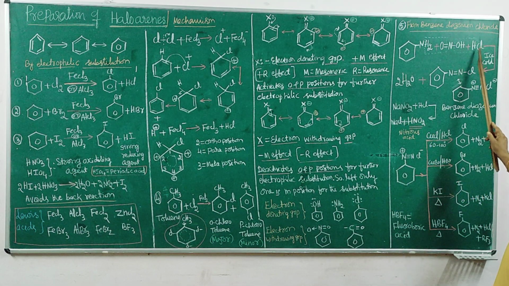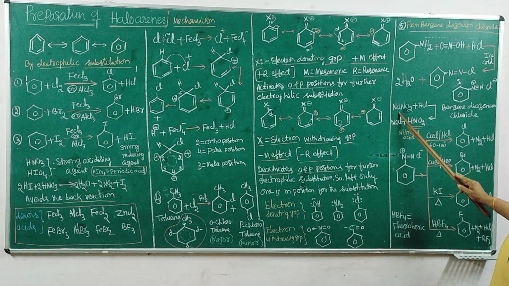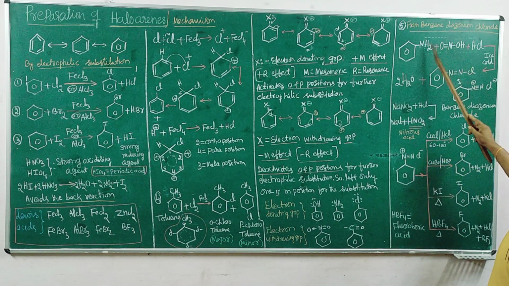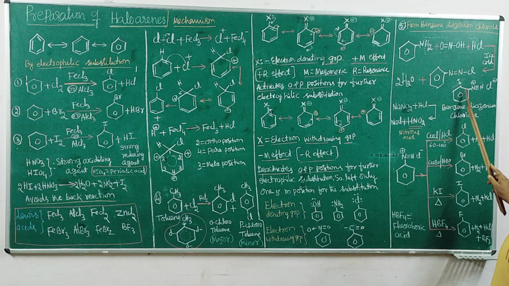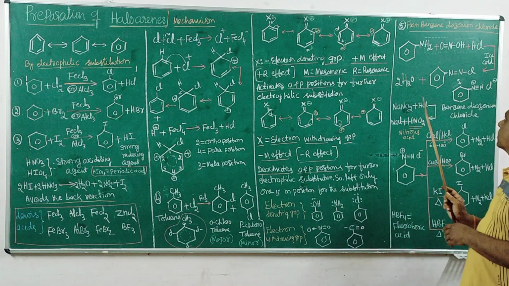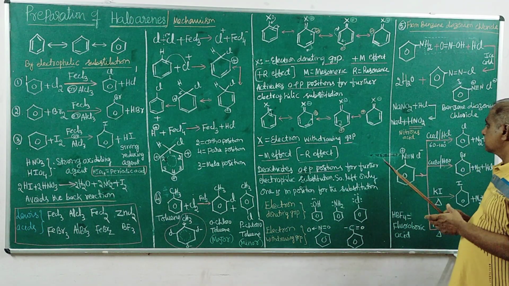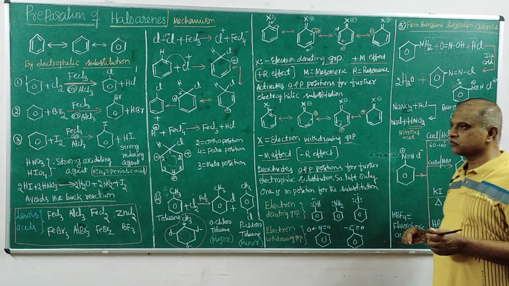So HCl and sodium nitrite are mixed in ice cold water and mixed with aniline and shaken well, and we get benzene diazonium chloride. This is the preparation of benzene diazonium chloride from this reaction. This is the most important compound in organic chemistry.